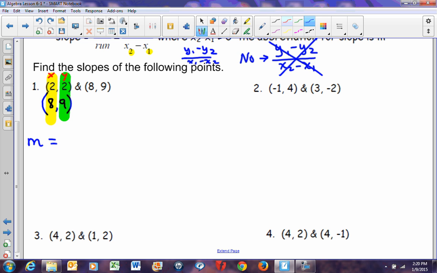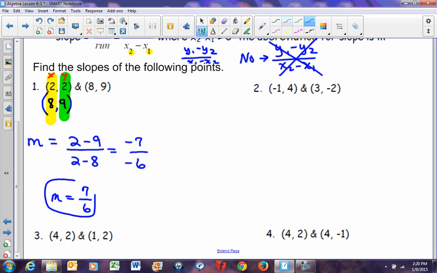To find the slope of this particular problem, I need the change in y, 2 minus 9, over the change in x, 2 minus 8. 2 minus 9 is negative 7. 2 minus 8 is negative 6. A negative divided by a negative is a positive. So my slope here is 7/6. We do not change it to a mixed number. I talked about that before.